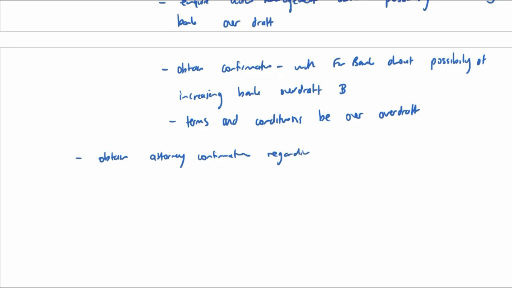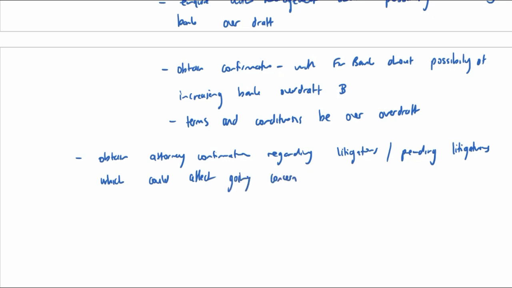Regarding litigations or pending or possible litigations which could affect the going concern. Okay, one of the standard procedures there is to find out how they intend to deal with unfulfilled customer orders.